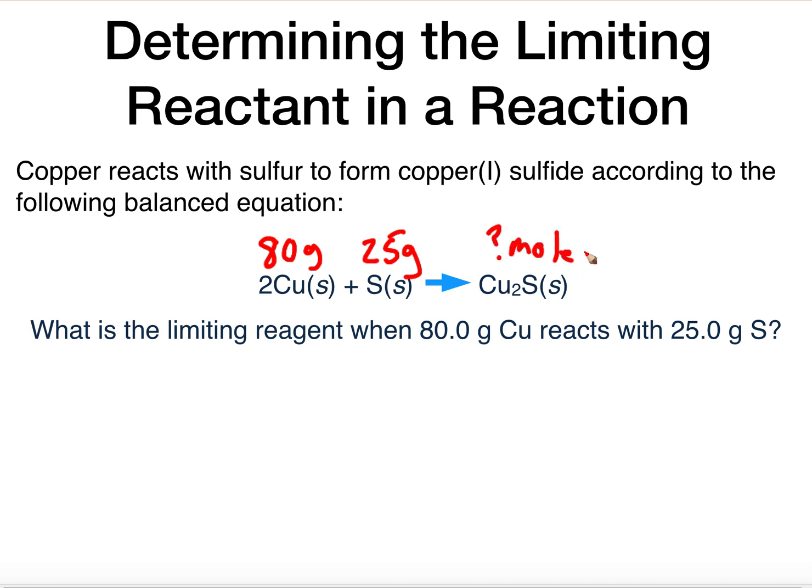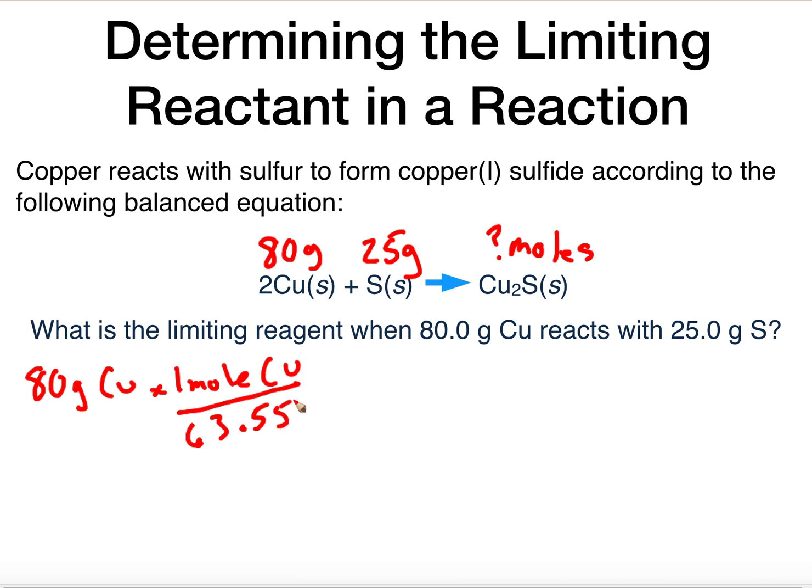I'd clearly tell you if there was more than one product which one to go to, but there's only one, so obviously we're going to Cu2S. So we'll start with 80 grams of Cu times 1 mole of Cu all over 63.55.